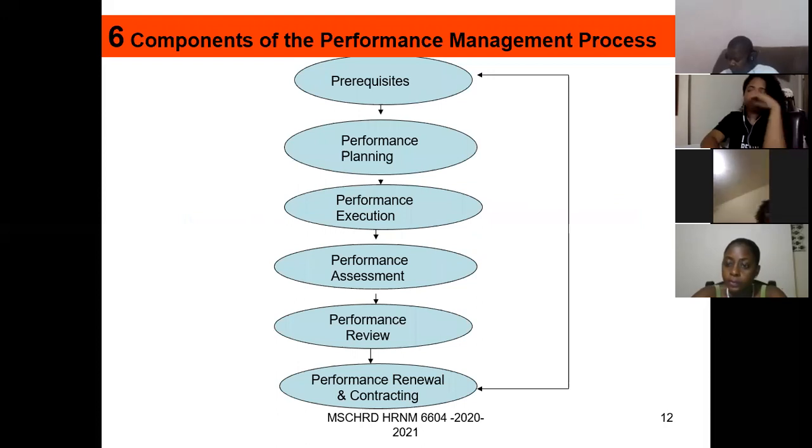Now remember, when we started at the beginning, I told you that it is an ongoing process. Okay, performance is not something that should just take place once for the year. And as we look at these components, they're all related to each other, and poor implementation of any of them has a negative impact on the performance system itself.